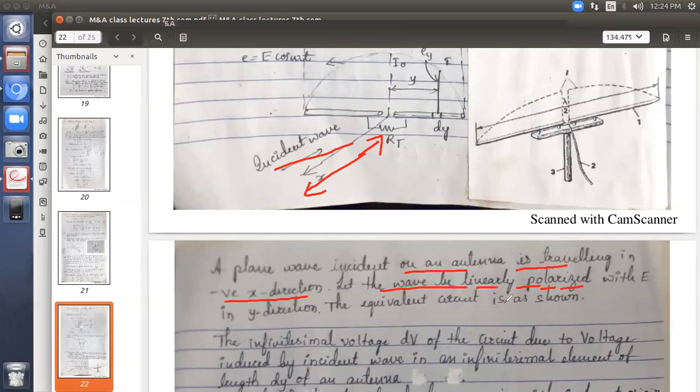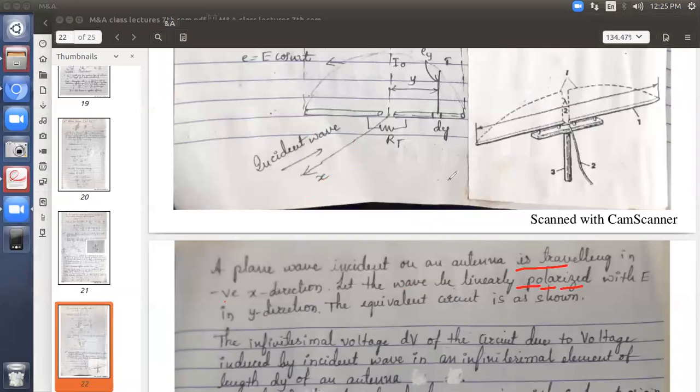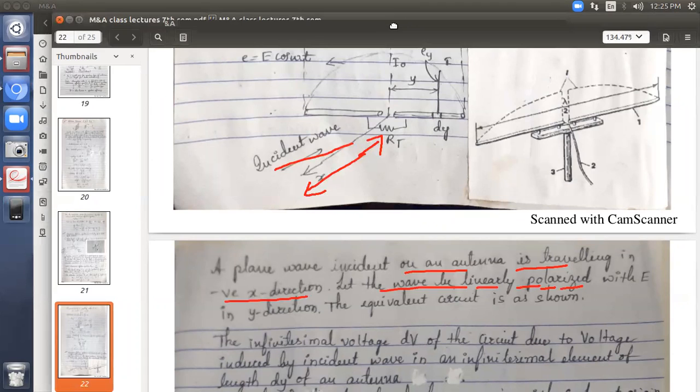How the wave gets polarized in these three different formats, I have shown you in that GIF. With E in the y direction.